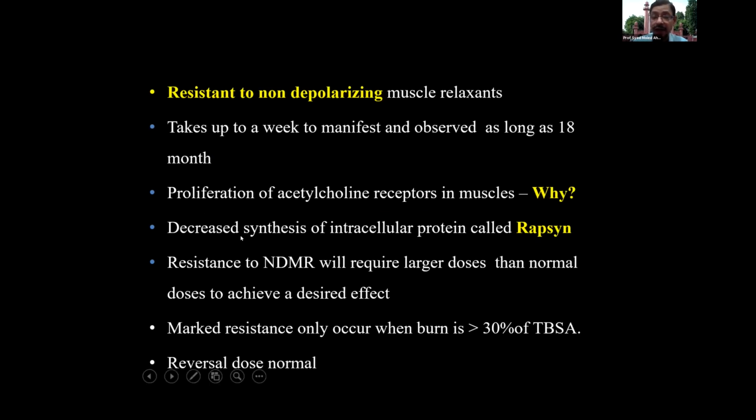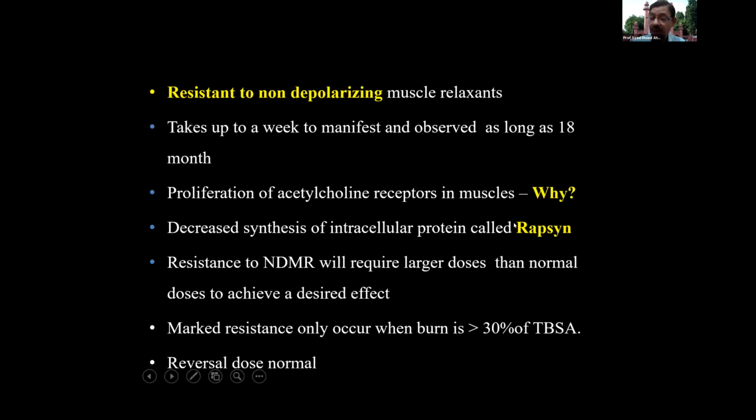Very importantly, why are the non-depolarizing muscle relaxants resistant in cases of burn contracture? Because most importantly, the neuromuscular junction, the acetylcholine junctions, are tightly fitted and kept in place by the help of a protein known as rapsyn.